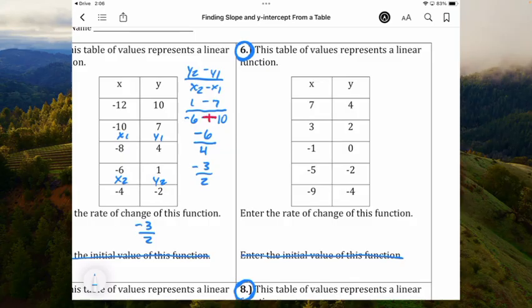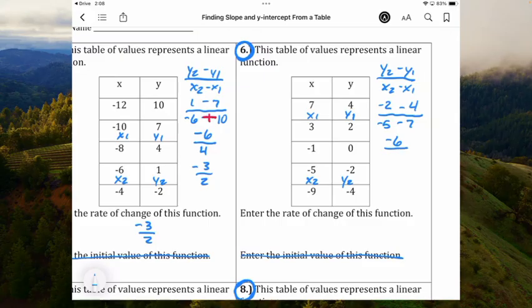Same thing with 6, just the slope. Let's pick this, x1, y1, x2, y2, y2 minus y1 over x2 minus x1. y2 is negative 2, y1 is 4, x2 is negative 5, x1 is 7.